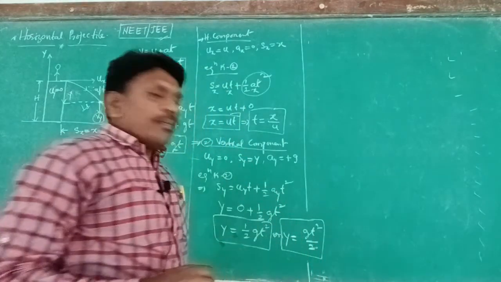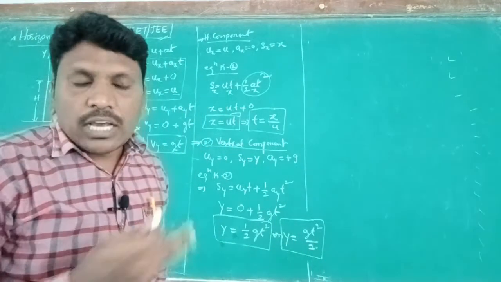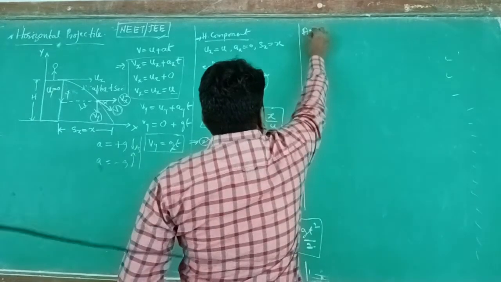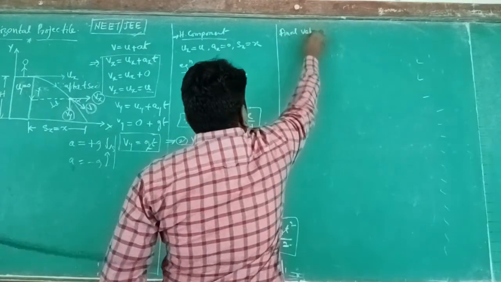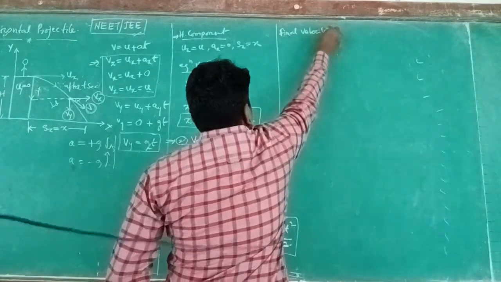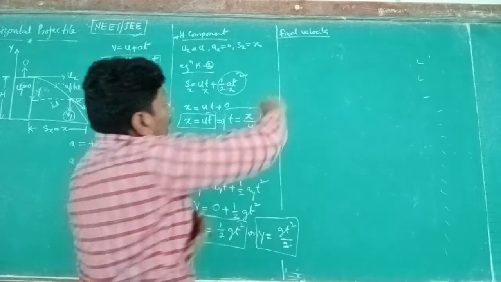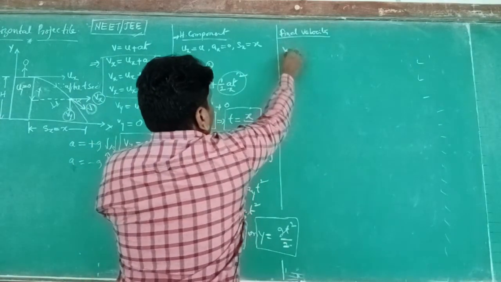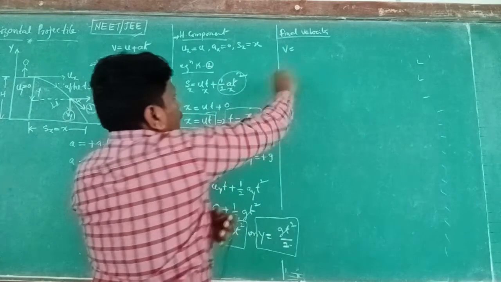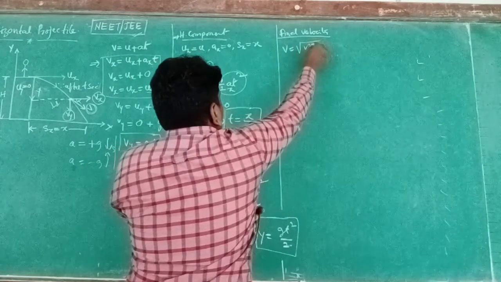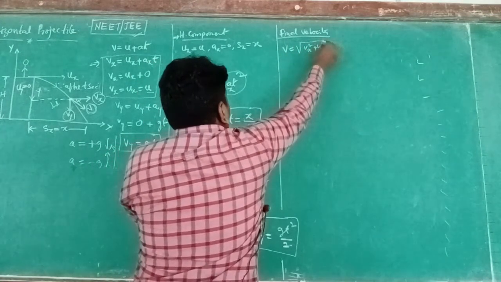let us find out the final velocity of this projectile. What is the final velocity? In the final velocity, you know that v is equal to square root of vx square plus vy square.